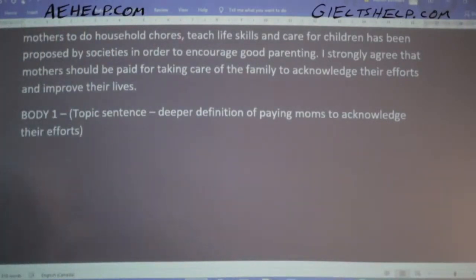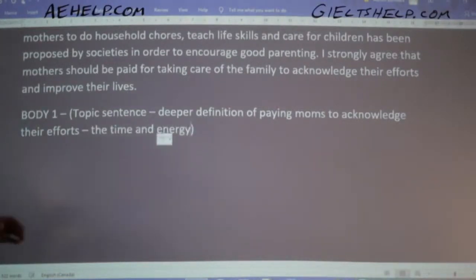Immediately what comes to mind for me when I think of effort in a deeper sense is time and energy. Okay, so right away that comes to mind for me. The time and energy. Okay.